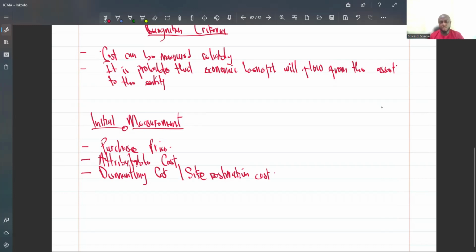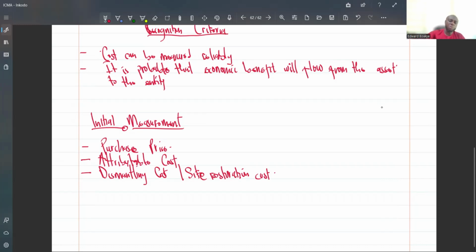The issue is after using the asset to the end of its useful life, or when you decide not to use it again, you will not leave it there like that. If it is no more useful and cannot be used again, you can't leave it there. You have to take it out so that you level the ground. Maybe you may even want to install another thing there.